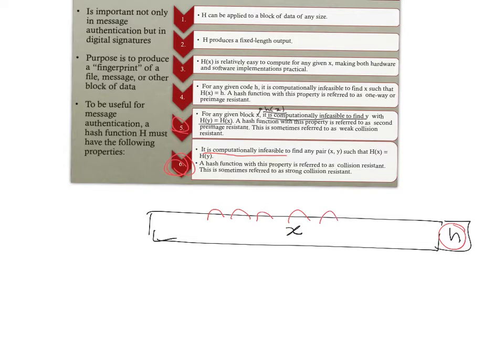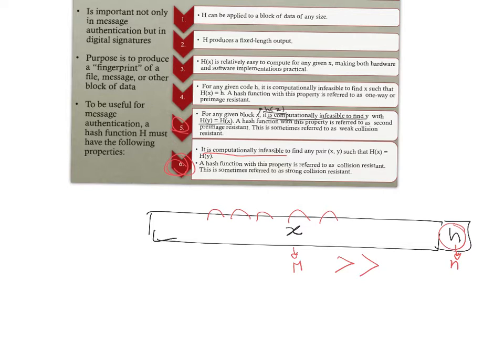So why is there always collision, theoretically? If we assume that the size of H is N, and the size of X is M, what is the relationship between M and N? M is, in fact, much more than N, typically, right?